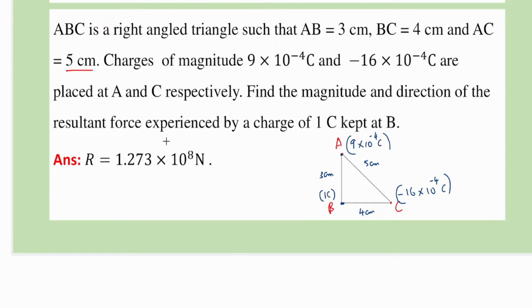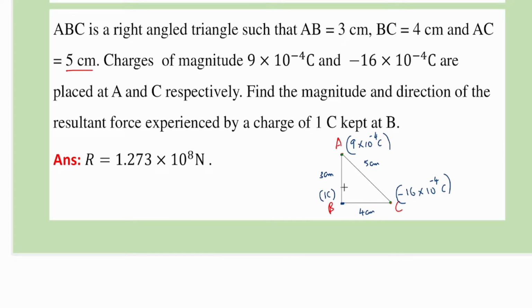Now there are 2 more charges kept at point A and then point C. Charges kept at point A and point C will exert a force on charge kept at point B independently, and we add the forces by using principle of superposition of vectors.